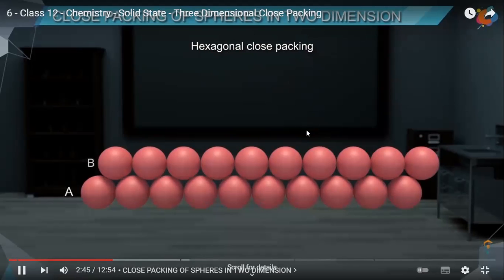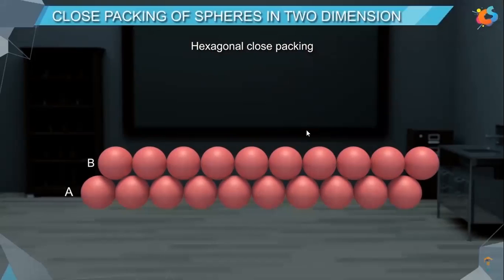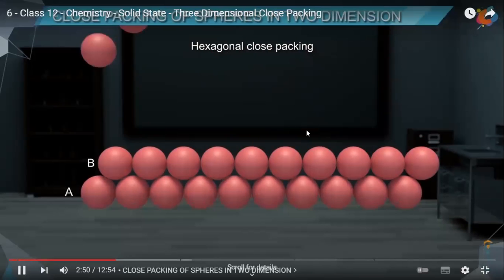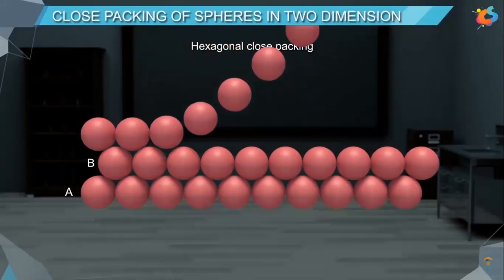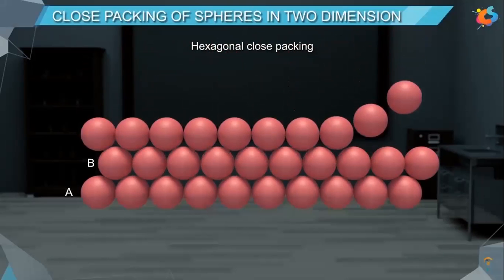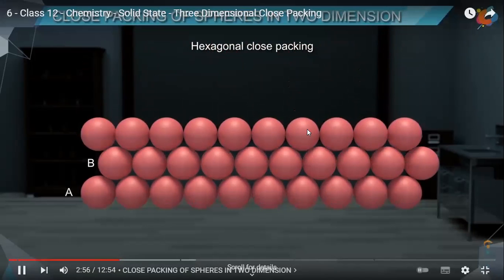Now, if we place a third row above the second row in the similar manner, we will observe that the third row spheres are aligned with those of the first layer, and each sphere is in contact with 6 other spheres.